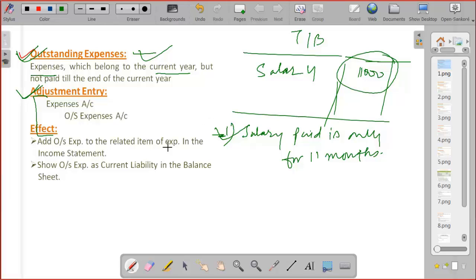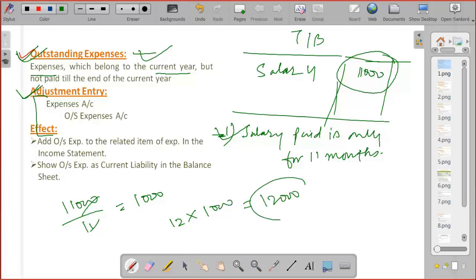So what is the per month salary? 11,000 I paid for 11 months, so per month salary is 1,000. Then salary for the whole year: I know that during the year there are 12 months, so 12 multiplied by 1,000. So salary for the whole year will be 12,000.